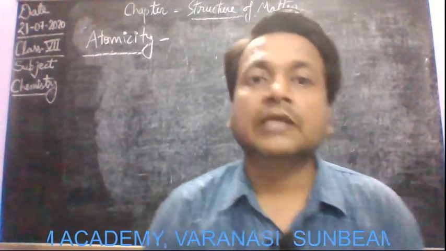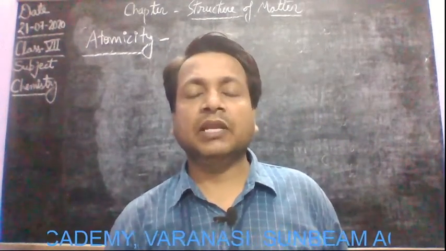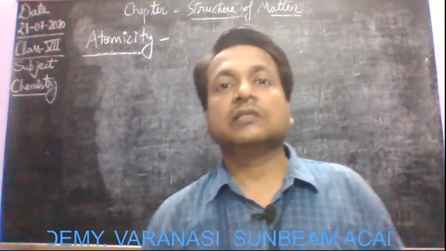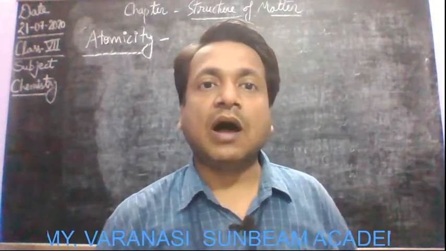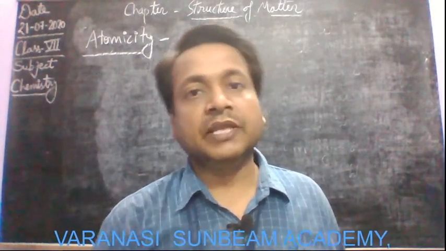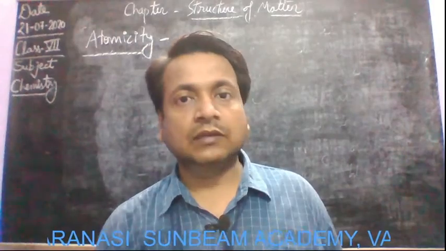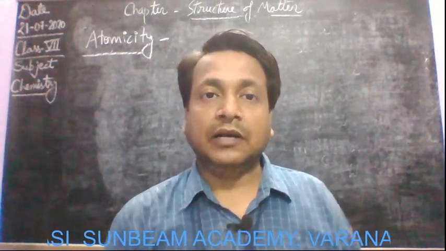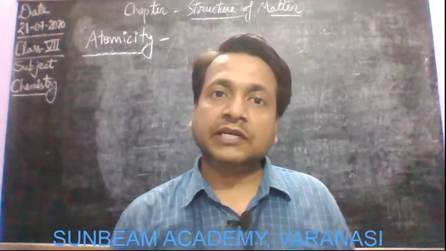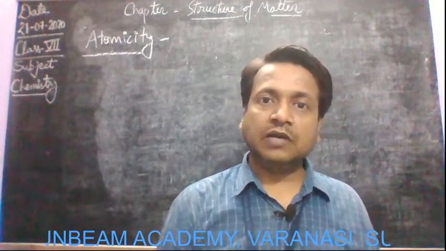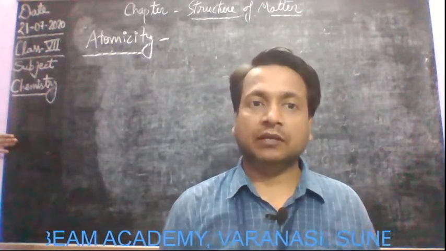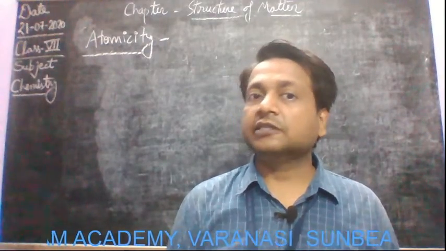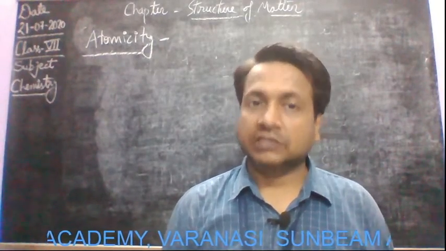Atomicity. Children, atomicity simply indicates the number of atoms of an element present in any compound. You can say that an element is present either as a single atom or as more than one atom, and that will be termed its atomicity.